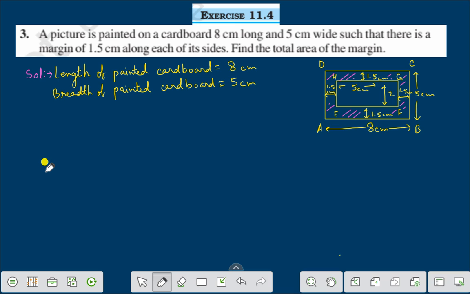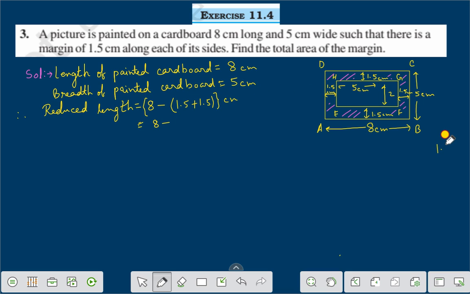Now there is a margin of 1.5 centimeter from each of its sides. Therefore, reduced length is, here you see the whole length is 8 centimeter minus 1.5 plus 1.5.